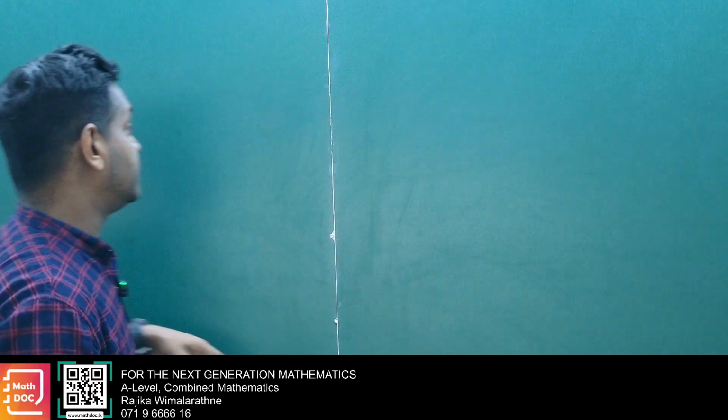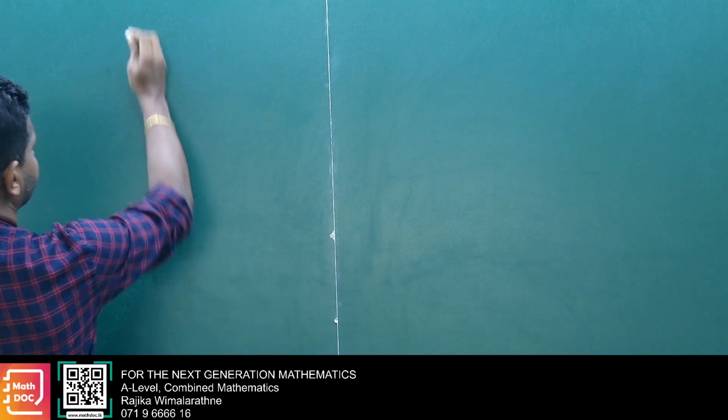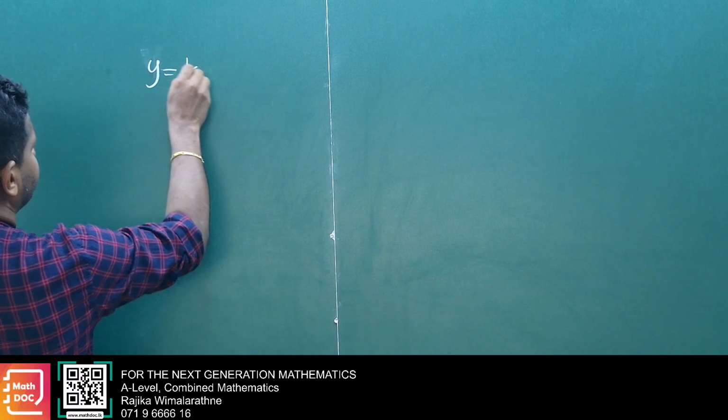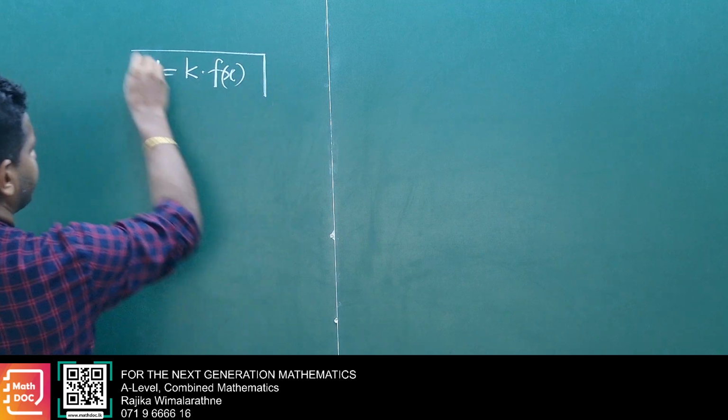Okay, now see this. Last week we did the first principle method. Today we are going to differentiate functions directly. First rule: y equals constant times function, k times f(x).